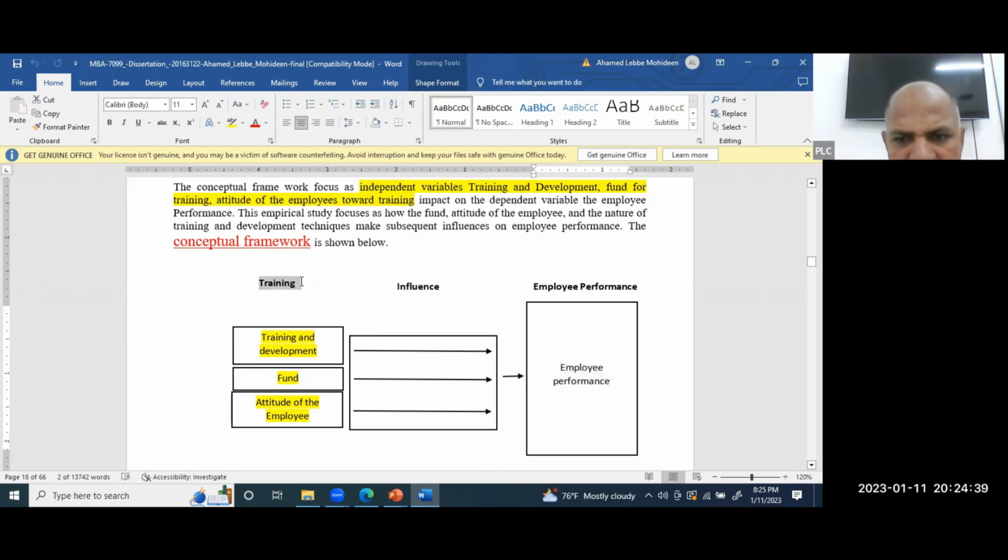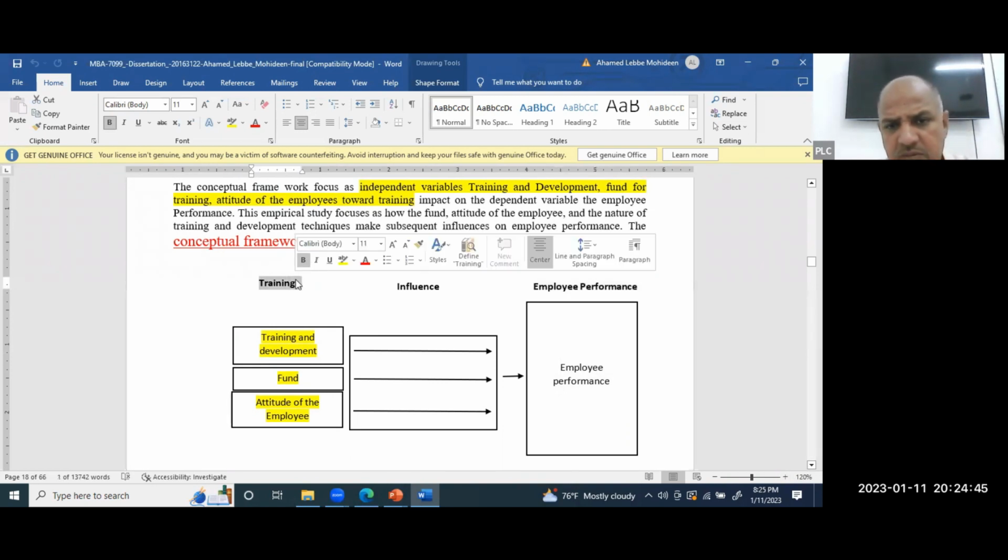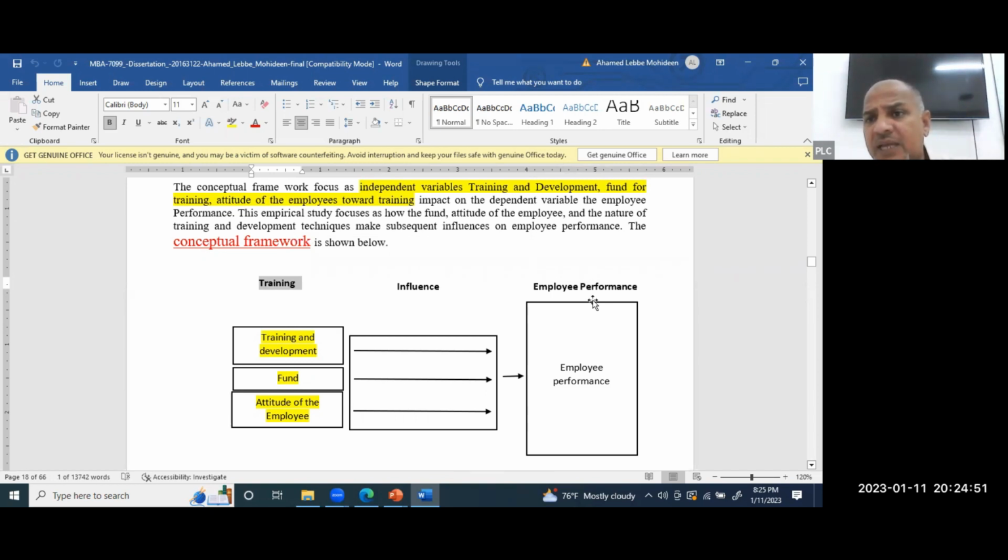It's a general one, right? Employee performance is connected with the training. There is a connection. So if you increase the training, employee performance increases.